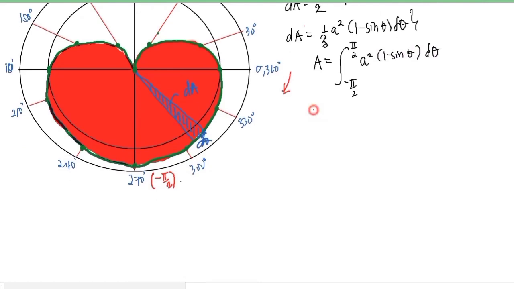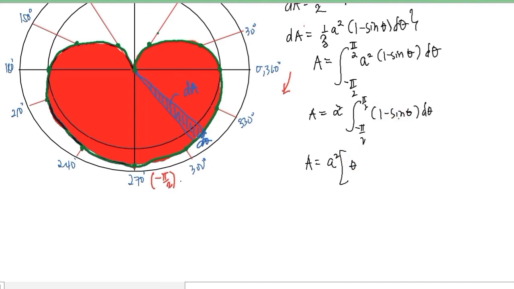We have our area is equal to. So, since this is constant, you can factor that out. Tapos, we have here integral of a squared, negative pi over 2 up to pi over 2, 1 minus sine of theta d theta. So, integrate natin. We have a squared. The integral of 1 is theta. And then, the integral of sine is negative cosine.